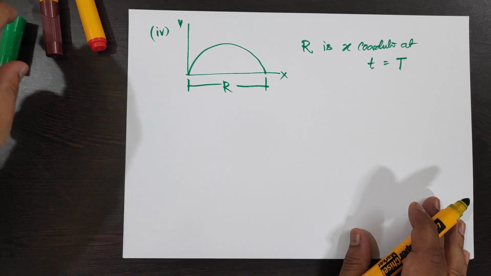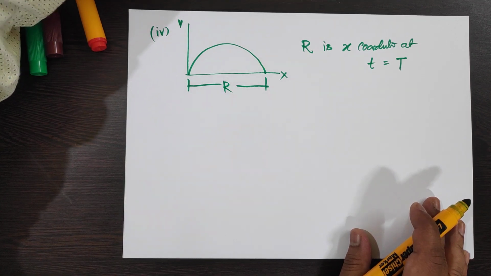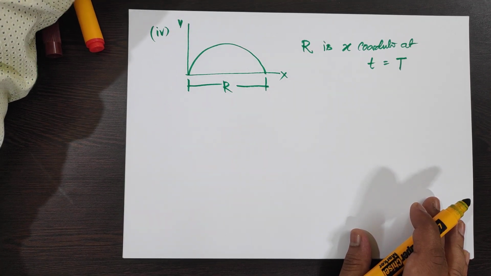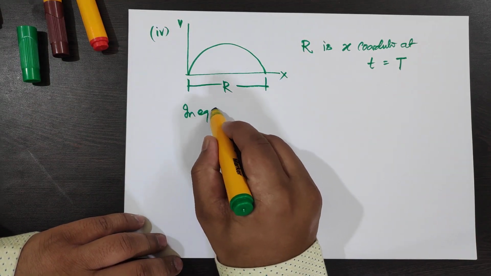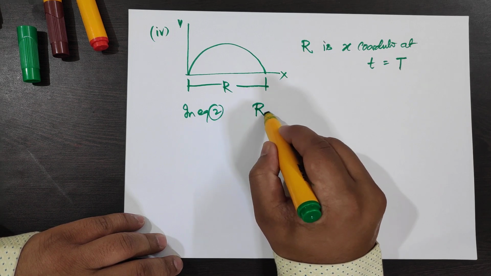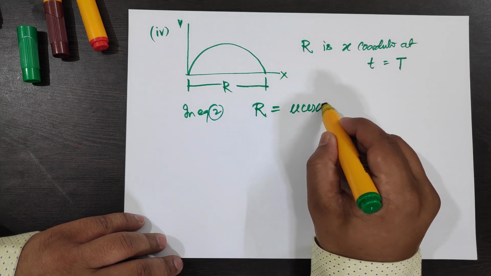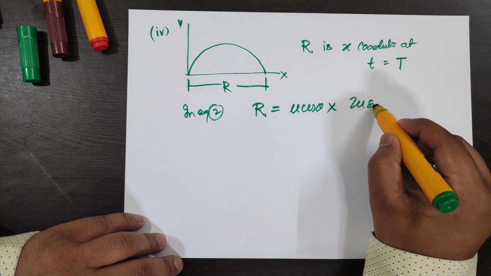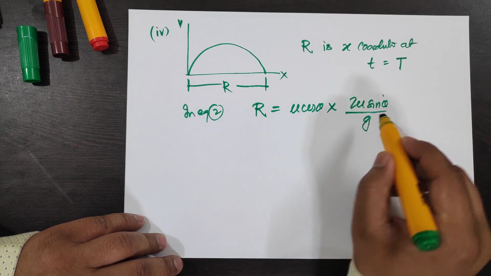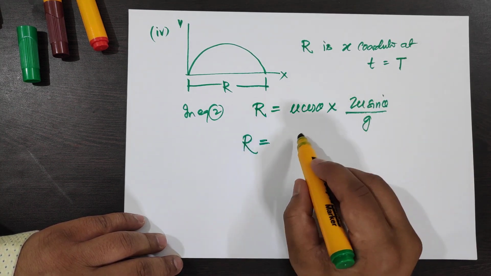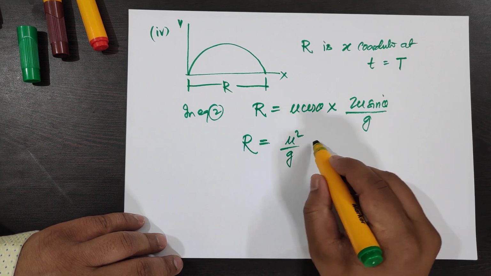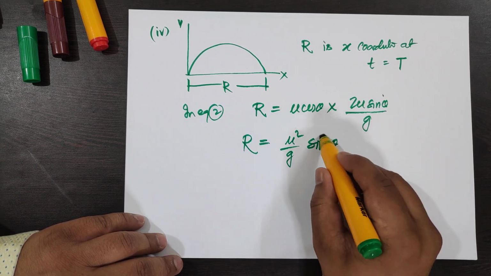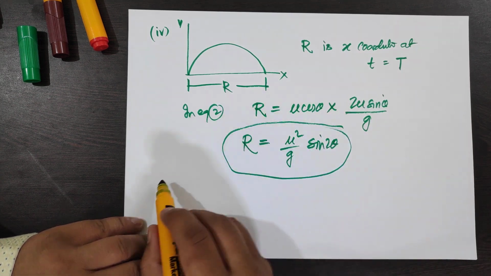So we will put the value of time in equation 2. In equation 2, r equals u cos theta, and in place of time you put 2u sin theta by g. So that's u square by g times 2 sin theta cos theta, which is sine of 2 theta. So that is the range.